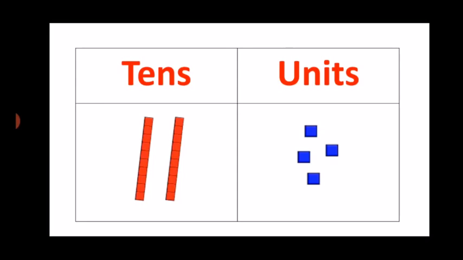The bigger number, that means Shreya had 24 crayons and she lost 13. So what we will do here, we will cancel the units and tens to be subtracted. Now what number will be there in the units?